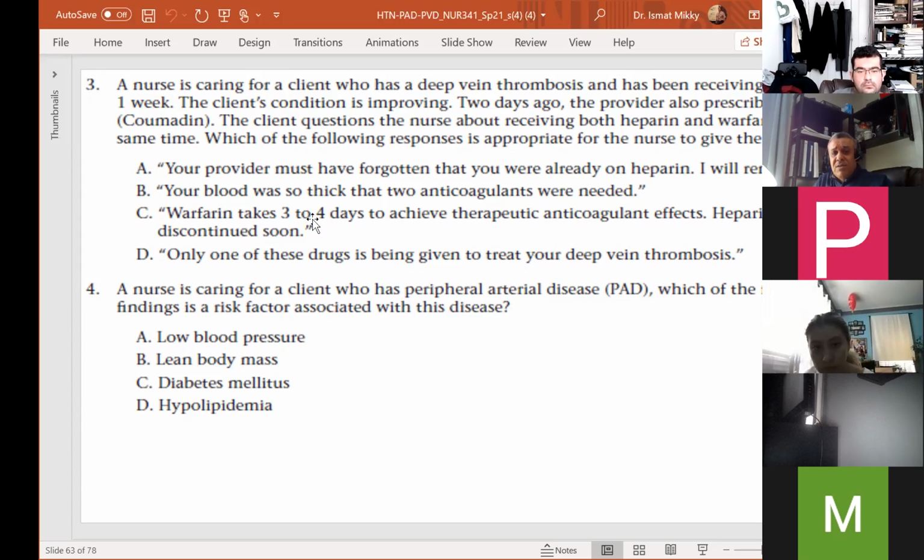The answer is C, that it takes 3 to 4 days for the warfarin sodium, Coumadin, to start working. The effect of the drug takes up to 3 days, sometimes even 4 days. That's the important concept behind it. 4, diabetes mellitus, which is C.